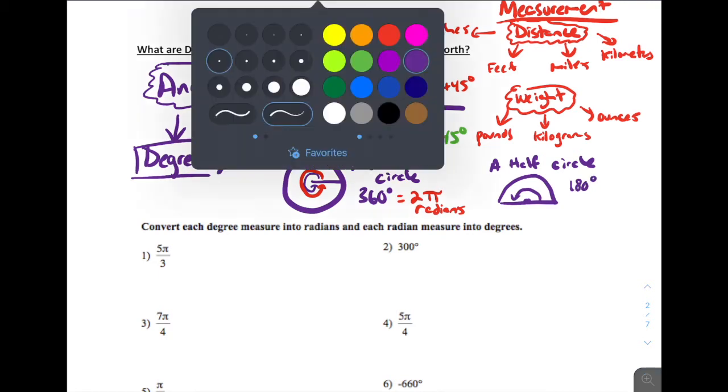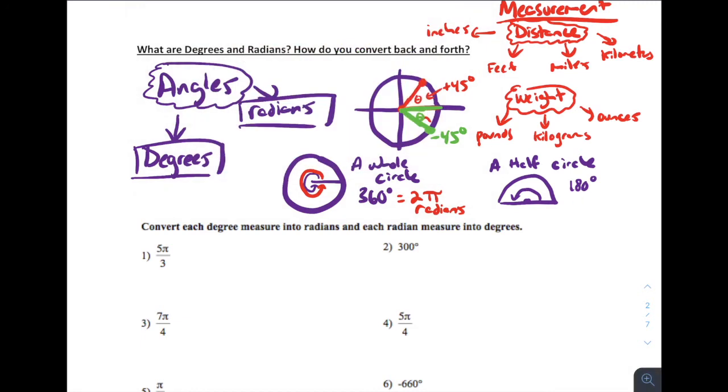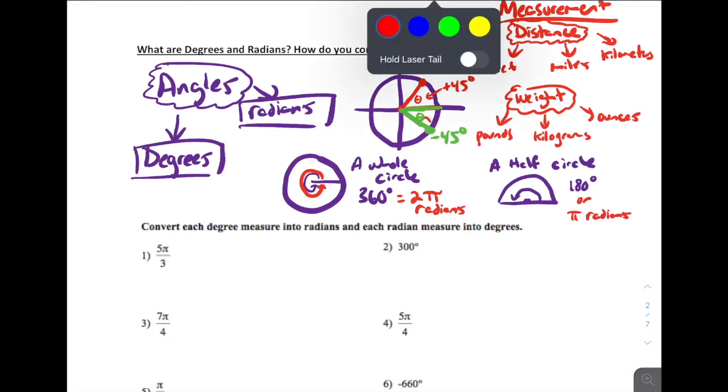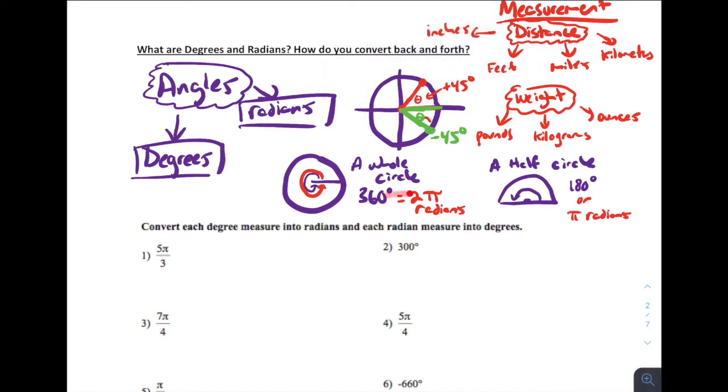Or if we're talking about radians, it would be half of that 2 pi, or pi radians. Now, we can see that for various angles, the relationship is essentially proportional, right? 360 degrees is 2 pi. 180 degrees is pi radians. So we have some very clear benchmarks as to what degrees match up with what radians.